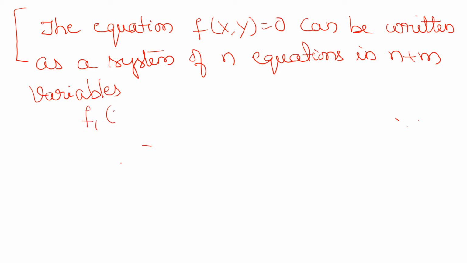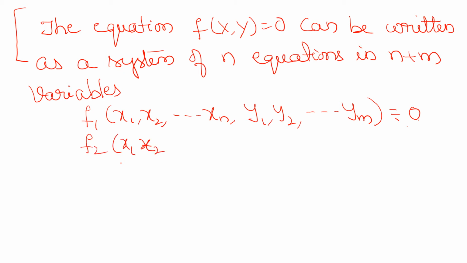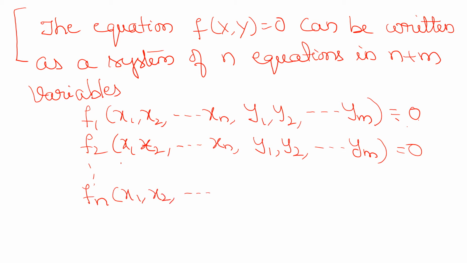This is written as F1(x1, x2, ..., xn, y1, y2, ..., ym) is equal to 0. F2(x1, x2, ..., xn, y1, y2, ..., ym) is equal to 0. Similarly, you have Fn(x1, x2, ..., xn, y1, y2, ..., ym) is equal to 0. You can call this system of equations 1.